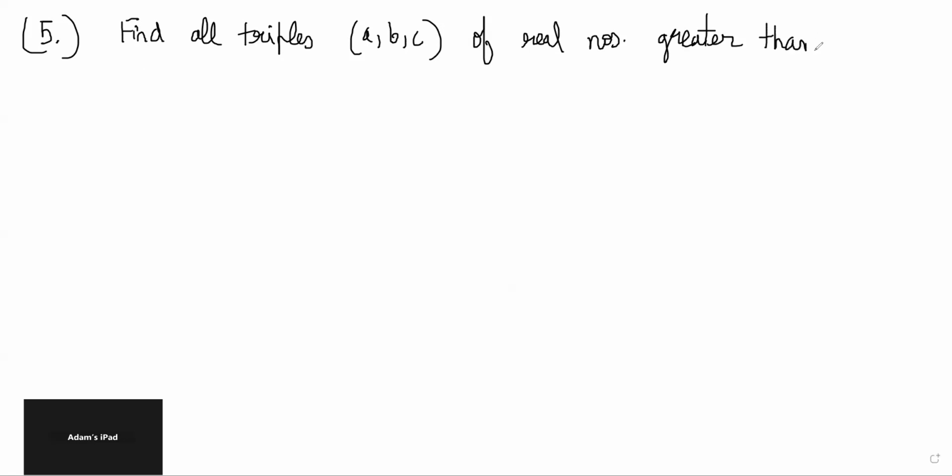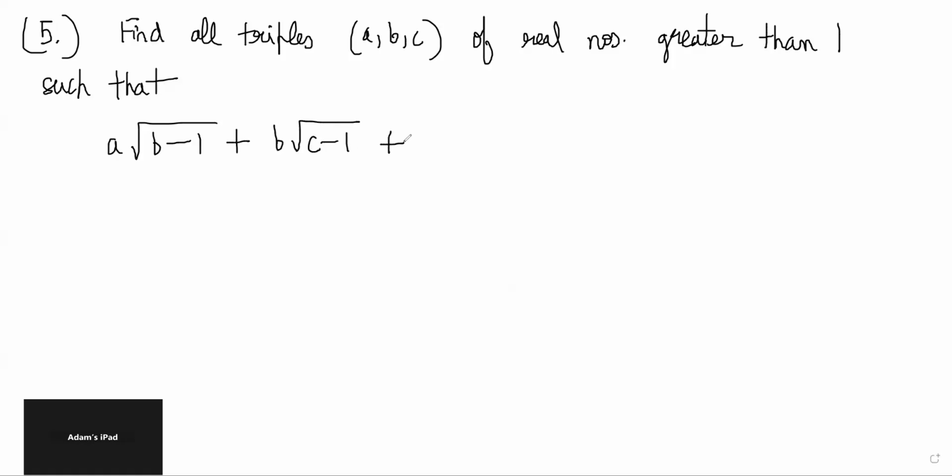Find all triples a, b, c of real numbers greater than 1 such that a into root over b minus 1 plus b into root over c minus 1 plus c into root over a minus 1 is equal to ab plus bc plus ca by 2.